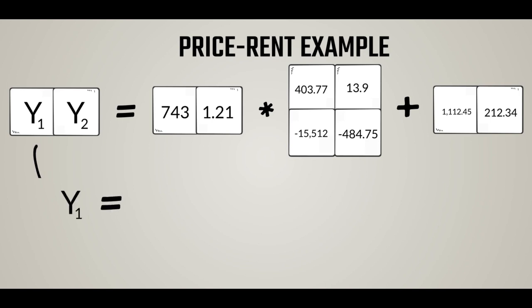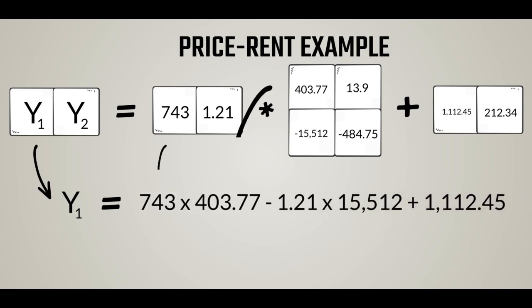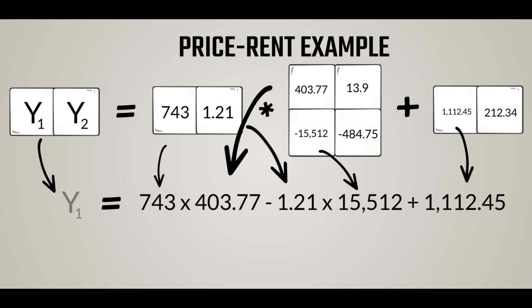So, the first output, y1, is found in the familiar way. 743 times 403.77, then subtract 1.21 times 15,512, and add the bias, 1,212.45. The result is $282,444.04, and that's the price of the apartment.